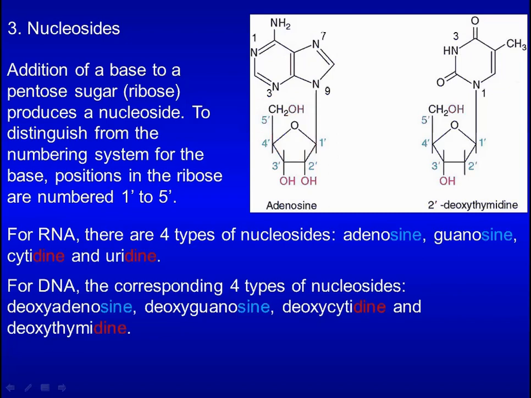For RNA, there are 4 types of nucleosides: adenosine, guanosine, related to purines, cytidine, and uridine, related to pyrimidines. For DNA, the corresponding 4 types of nucleosides are deoxyadenosine, deoxyguanosine, related to purines, deoxycytidine, and deoxythymidine, related to pyrimidines.